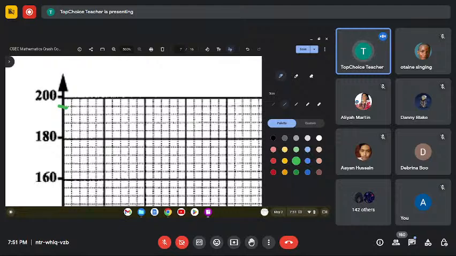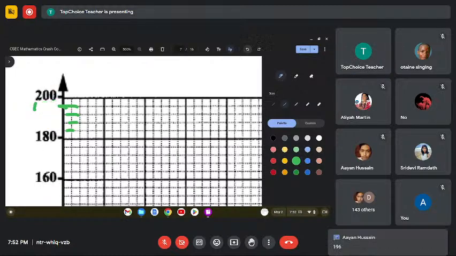We have 5 boxes here: 1, 2, 3, 4, 5. Each box would represent how many students? 4 students. So here will be 184, 188, 192. So this line has to be 196. Well, let me just draw that out now.